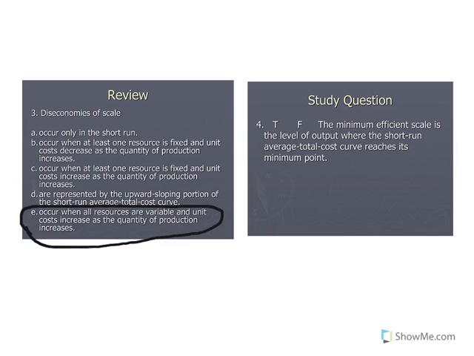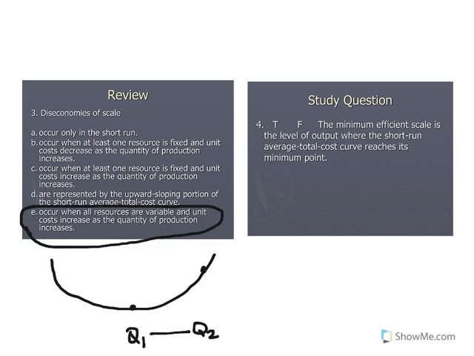And the unit costs increase as the quantity of production increases. So again, remember, we have our curve like this. And so if our costs are down here initially, and then we increase the quantity of output to go this direction, our cost per unit goes up. That is diseconomies of scale. So the only correct answer would be E.